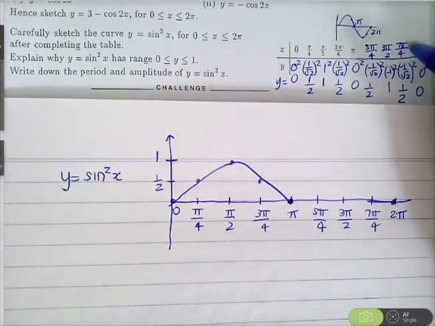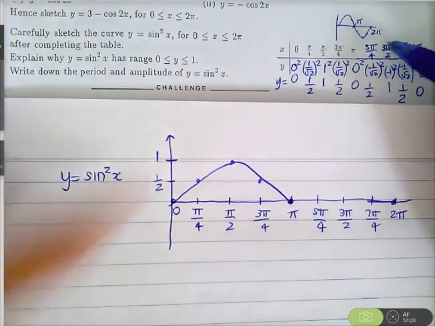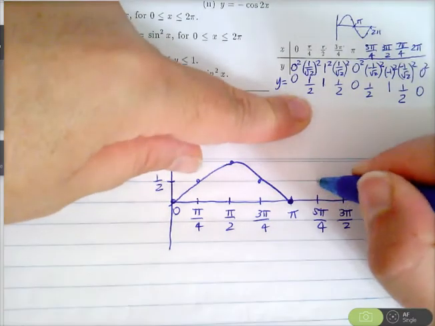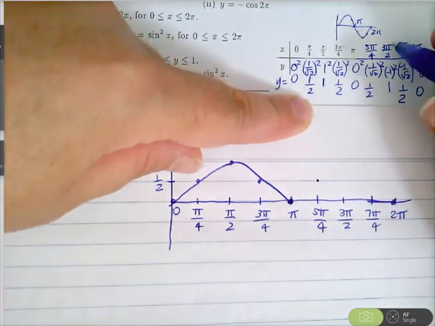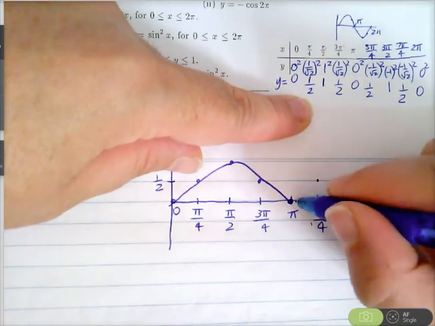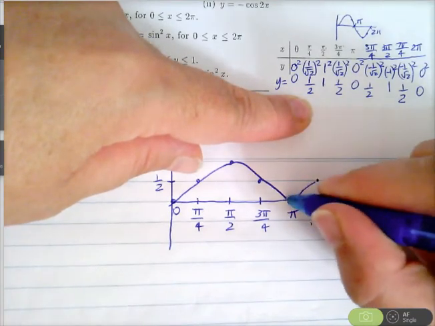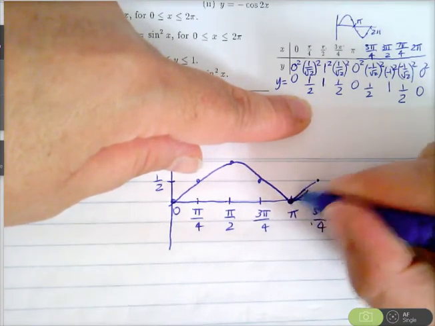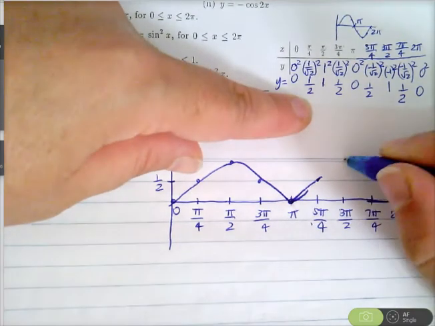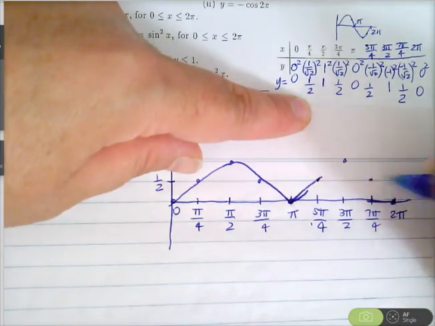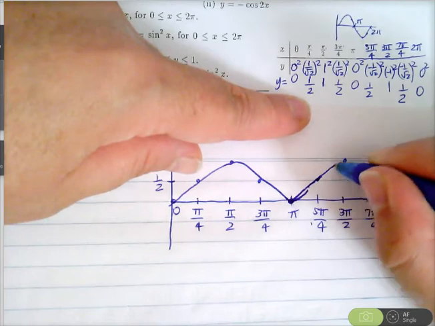Now, 5 pi on 4, I get a half again. Normally the curve would be coming down, but it actually bounces back up. 3 pi on 2 gives me 1, 7 pi on 4 is a half, and the last one's 0.